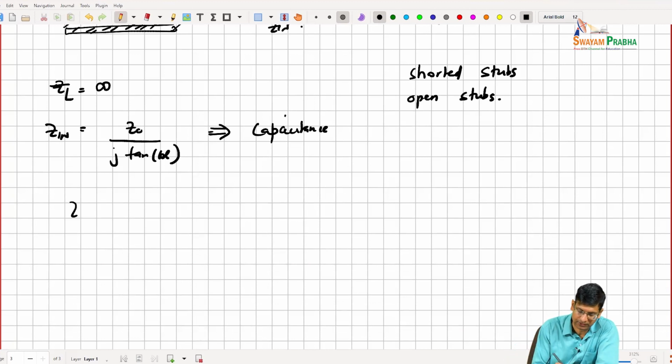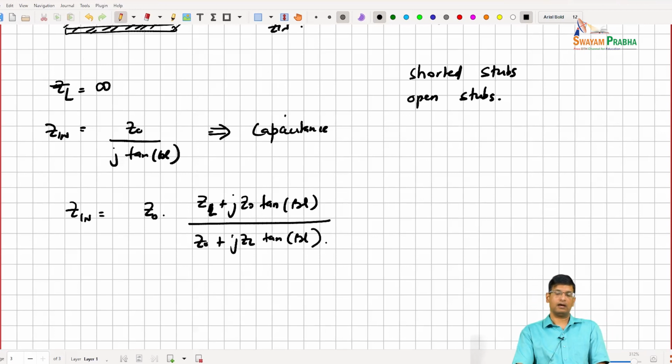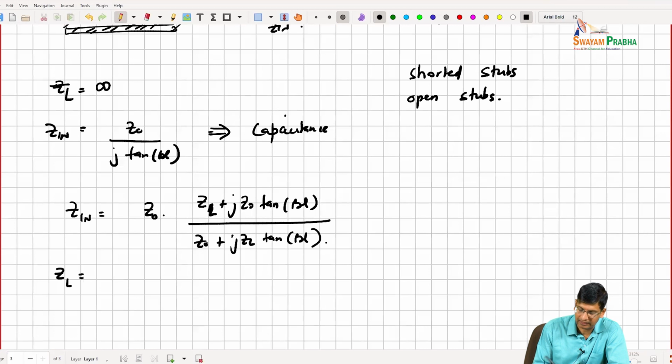A very useful transformation: let's say we are terminating the line in some impedance Z1.